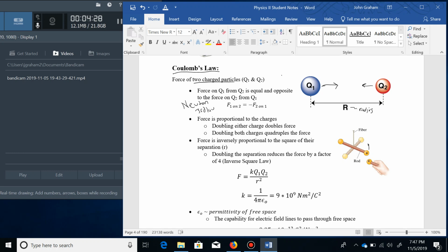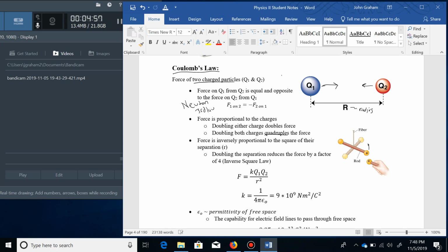So if these charges change, if for instance we double the charge, it's going to double the force. If we double either charge, it doubles the force. If we double both charges, then we're multiplying the force by 2 twice. And so by doubling both charges, you actually quadruple the force.